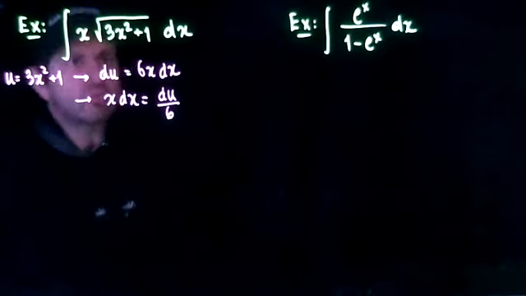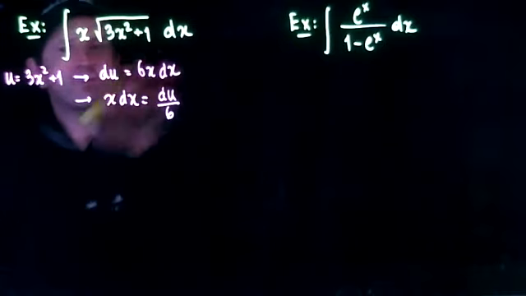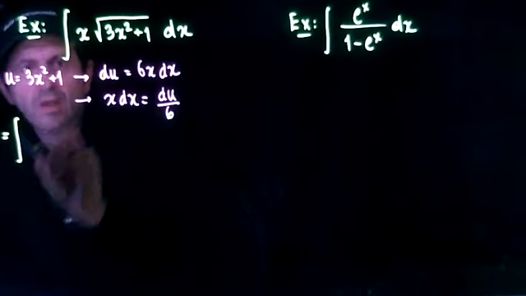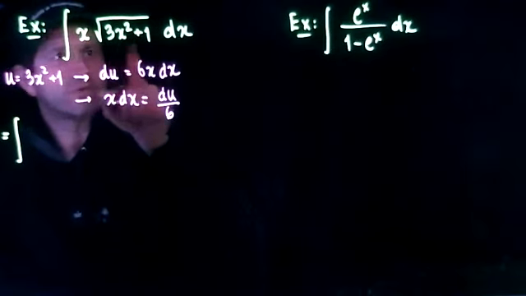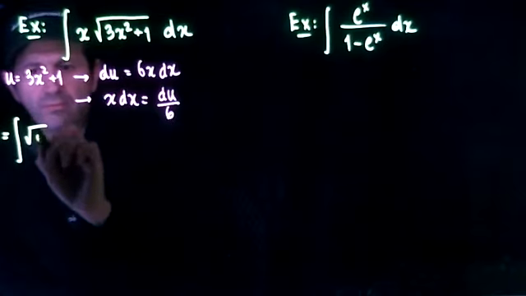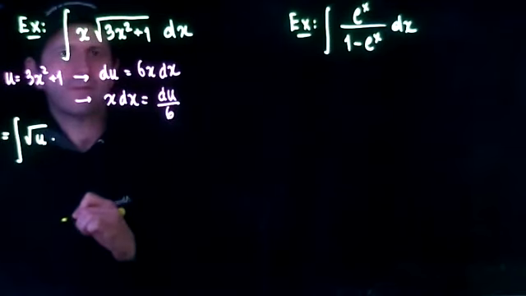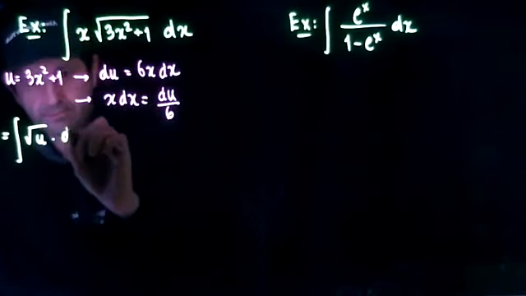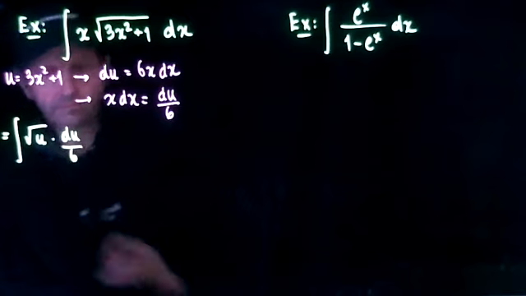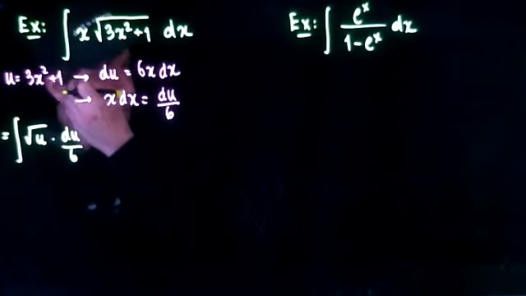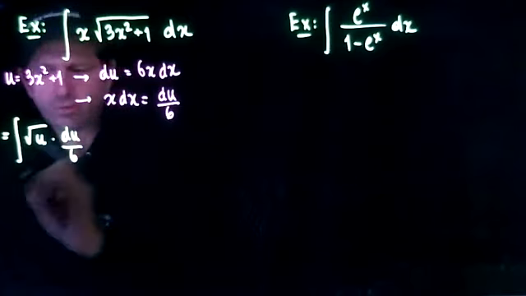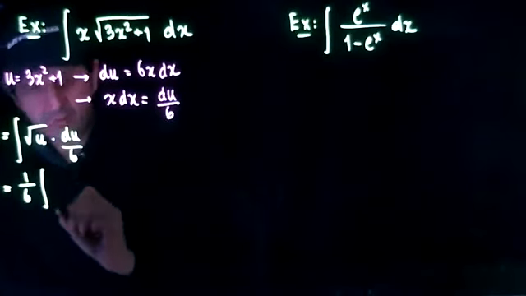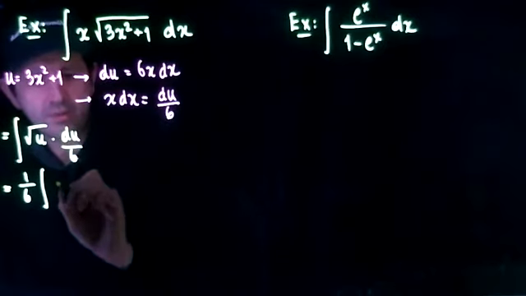And now I just need to express the whole integral with just u's. So square root of u times x dx, which is du over 6. This is equal to 1 over 6 integral of, well, square root of u is u power 1/2.